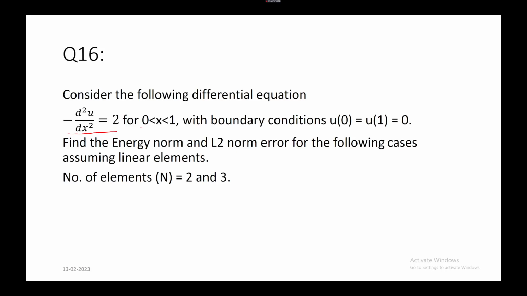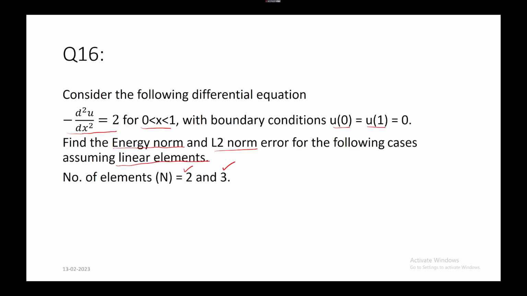This is your domain 0 to x to 1 with boundary conditions: u at 0 is 0, and u at 1 is also equal to 0. Find the energy norm and L2 norm error for the following cases assuming linear elements. For the number of elements, you can assume n is equal to 2 in one case and n is equal to 3 in the other. So this is the last question.